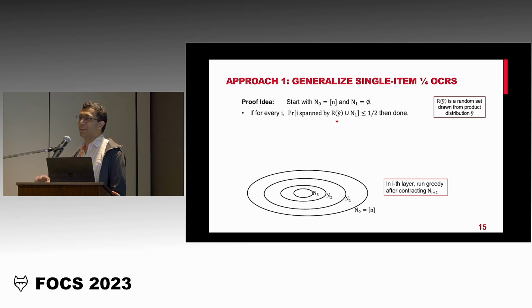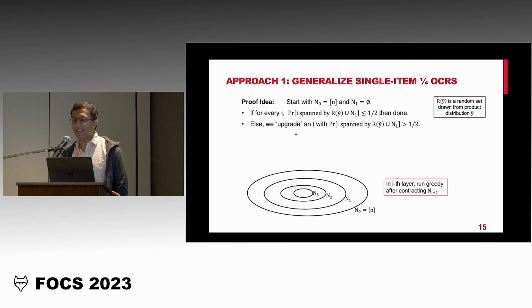Every element has at least a constant chance of being taken. More fancily written: if you draw a random set with these marginals y, and the chance that it spans your element is at most a half for every element, then you're already done. Otherwise, there's at least some element which needs care.